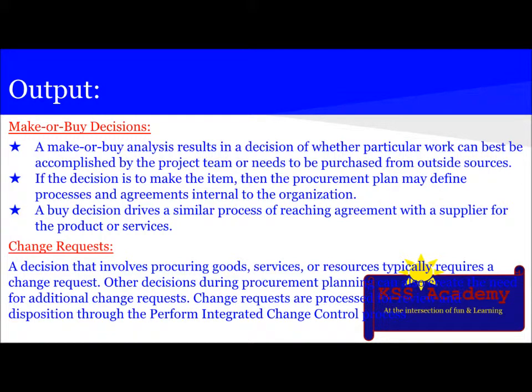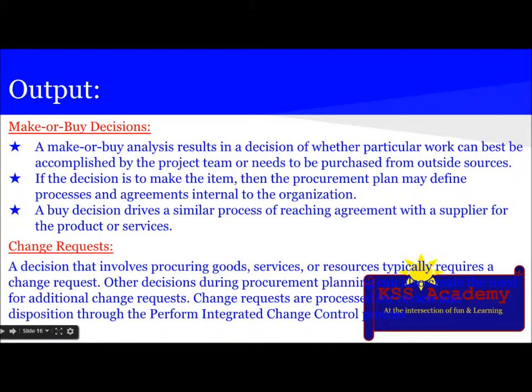If the decision is to make an item, then the procurement plan may define processes and agreements internal to the organization. A buy decision drives a similar process of reaching agreement with a supplier for the product or service. The next output is change requests.